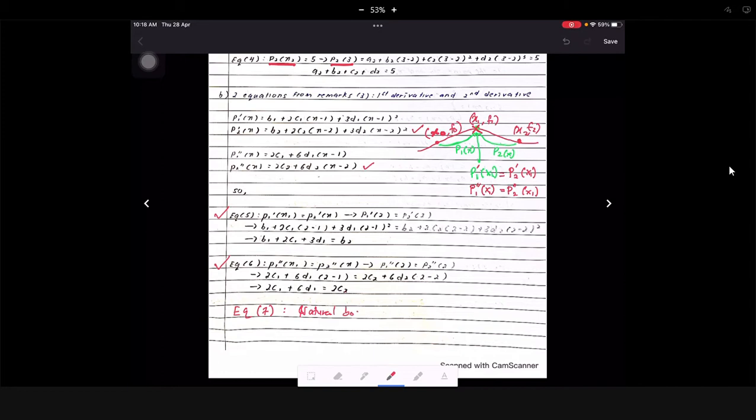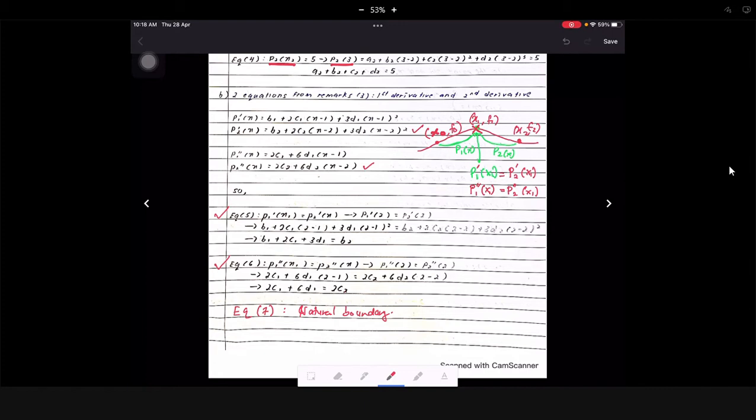Natural boundary. So ikut nota, natural boundary ni adalah the end point dan juga the initial point. The starting point, the starting node ataupun starting point dengan the end point tu adalah zero, the second derivative.